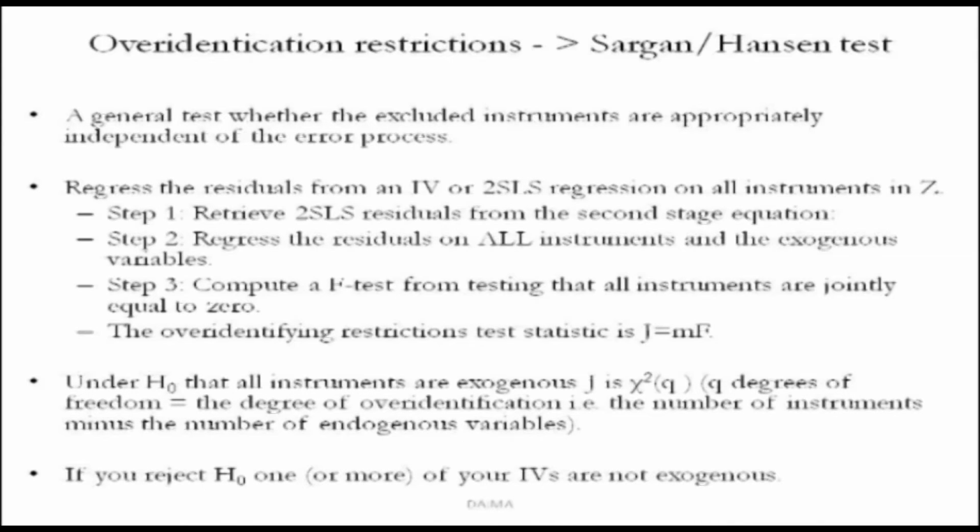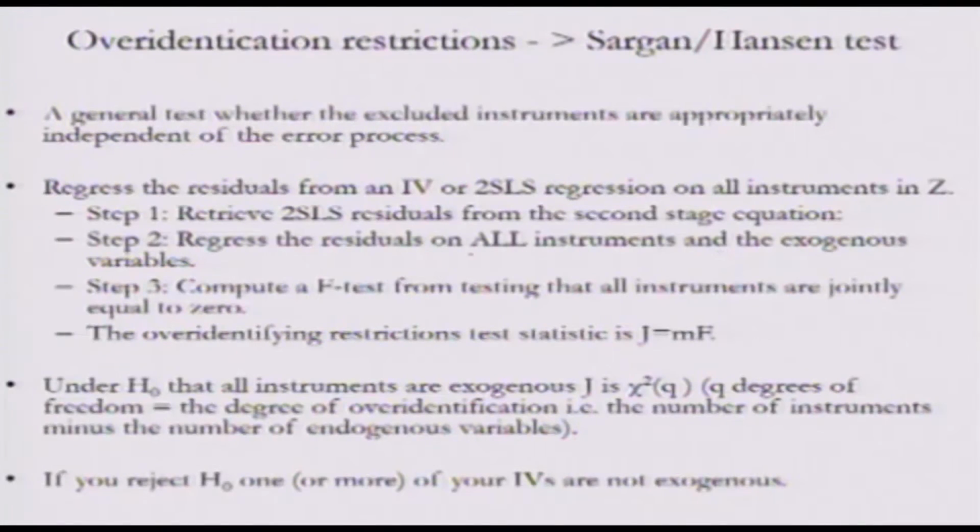So what you do is regress the residuals from an IV or 2 SLS regression on all instruments in Z. Step 1 is to retrieve the 2 SLS residuals from the second stage regression. That's what you saw in the previous slide, and then regress the residuals on all instruments. So if you have, let's say, 4 instruments, you would be regressing on all the 4 instruments and all the exogenous variables in your model, if you had any exogenous variables.